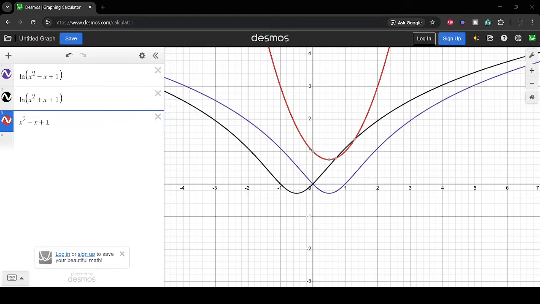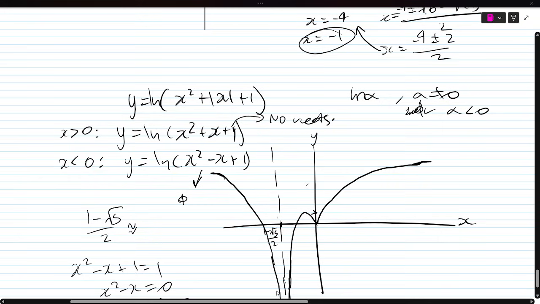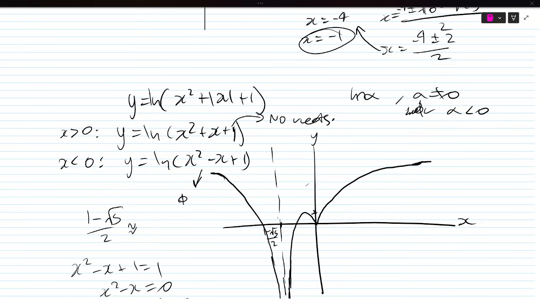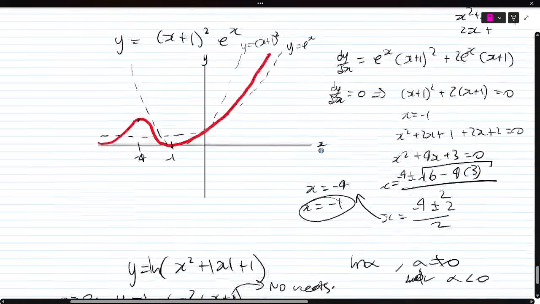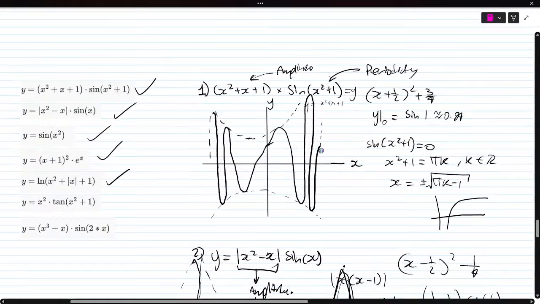I see. Okay, so if I go back to OneNote, well, I can't exactly for some odd reason. Yeah, okay. If I fix my mistakes, okay, the first graph was correct.